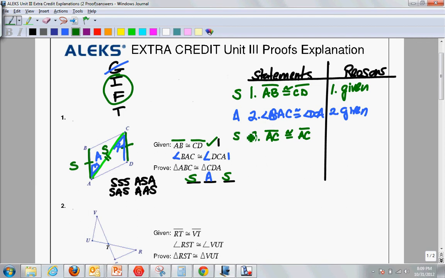This is another pair of sides. So you go over here, you find the scroll, and you scroll down until you find the reflexive property. And now you have side, angle, side. You have sufficient information to say the triangles are congruent.